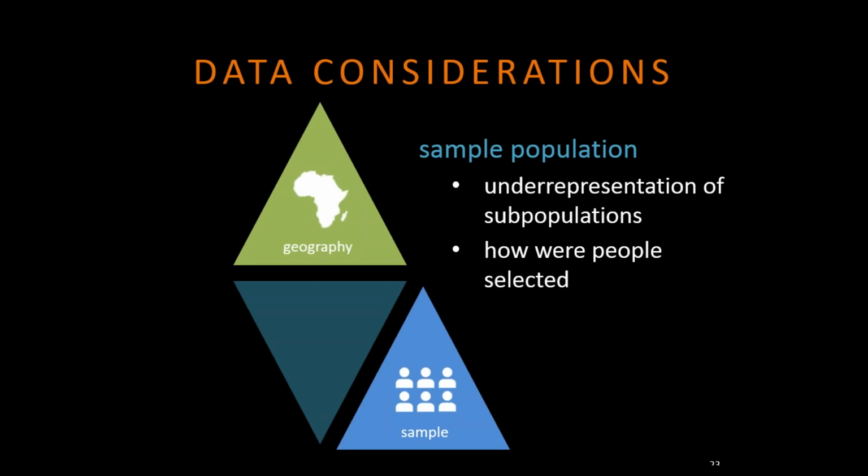Not all data sets have that level of specificity. Some data sets are just based on convenience. So when you hear the phrase convenience sample, that just means that whoever was willing to participate and whoever happened to be there was included in that data set.